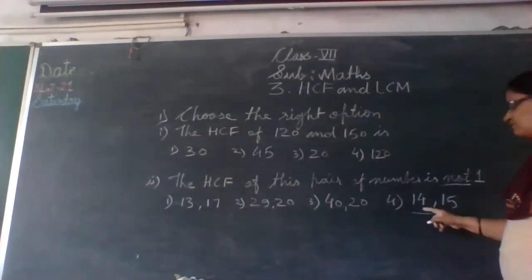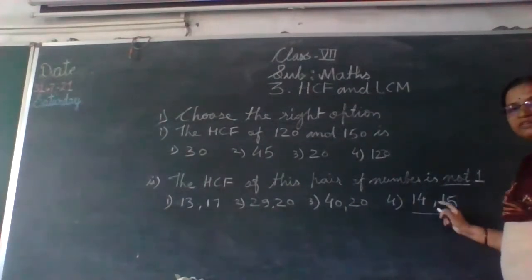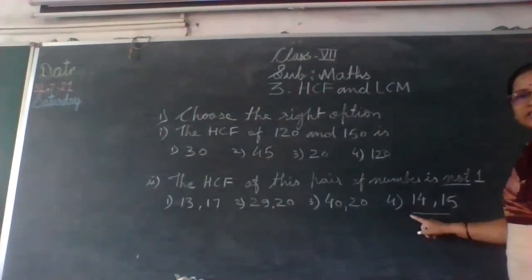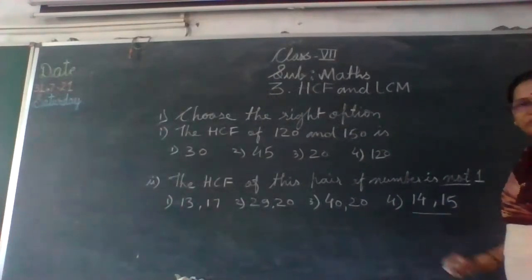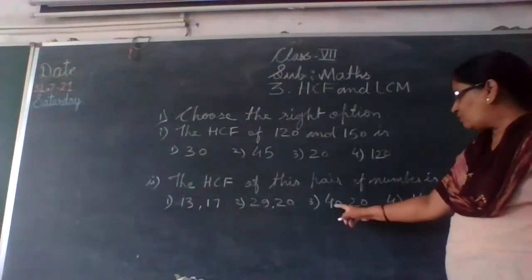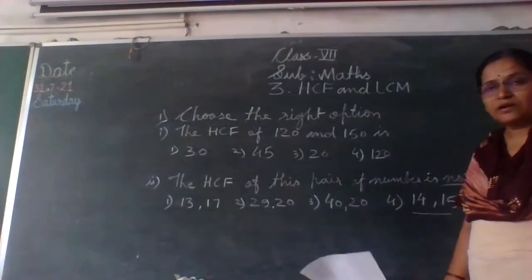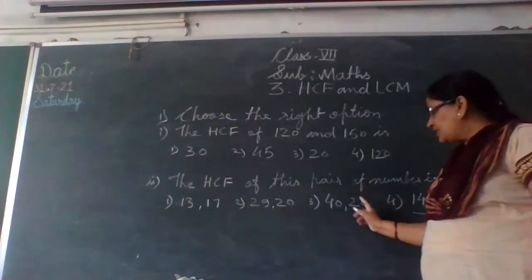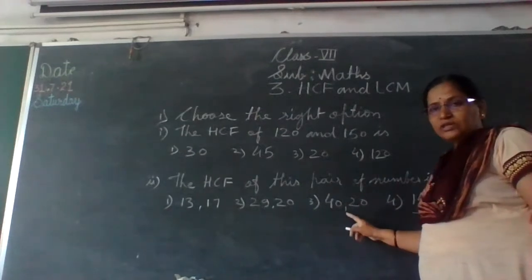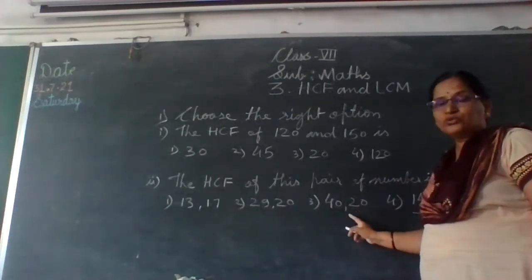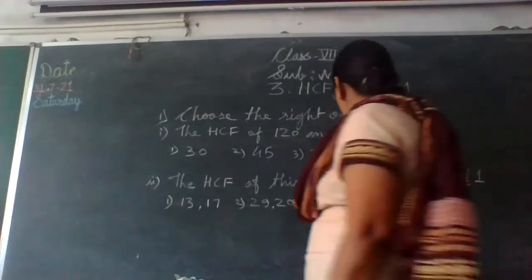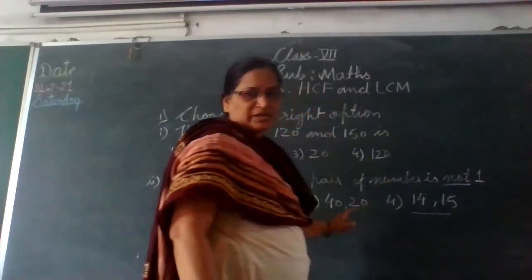For example, if you find the factors of 14 and 15, you will find only 1 is the common factor between 14 and 15. So what is left? 40 and 20. See, 40 and 20 are both composite numbers. 20 is a factor of 40. 40 is a multiple of 20. So they have more than 2 common factors. So their HCF is not 1.